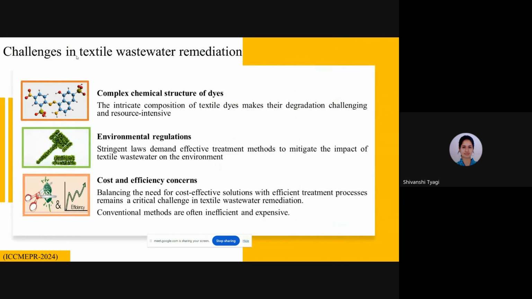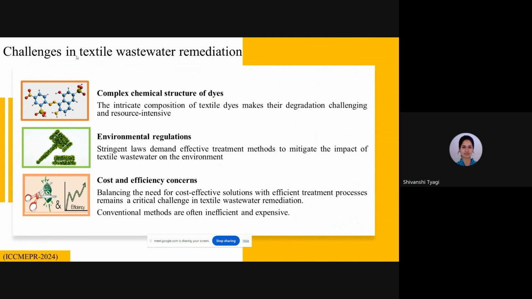So, coming to why there is a challenge in textile wastewater remediation. First is the complex chemical structures of these dyes. The intricate composition of textile dyes makes their degradation challenging and resource intensive.